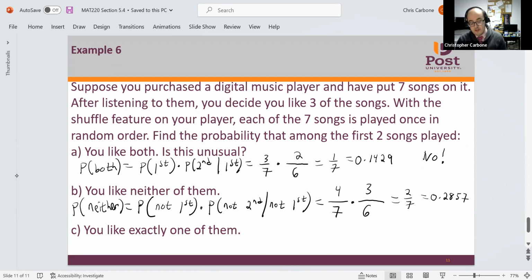And then the last one: you like exactly one of them. To find that probability, we could use the complement rule. This is 1 minus the probability that you like both of them, minus the probability that you like neither of them.